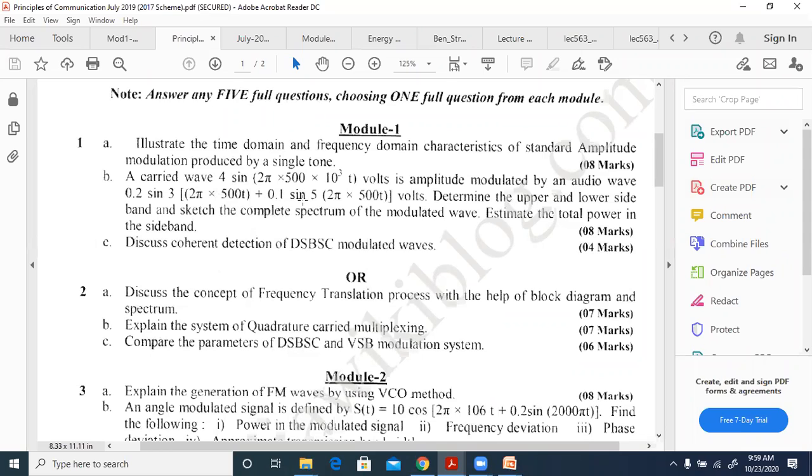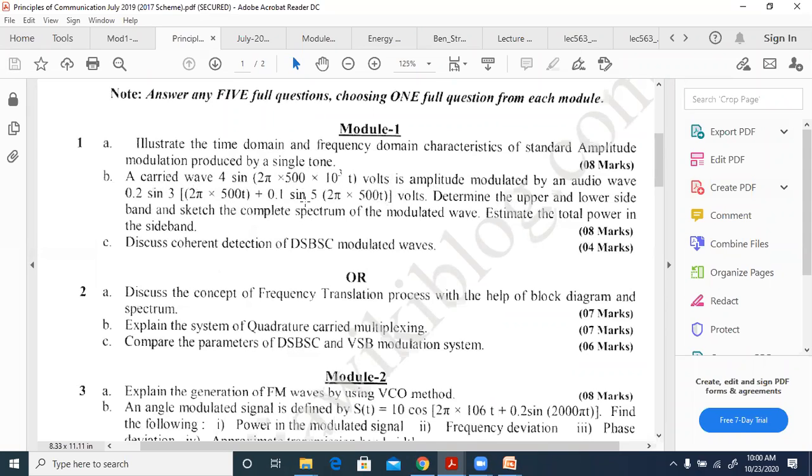This is AM2, with 5 × 500 being FM2. So this bracket should not have come here. There's no meaning in putting this square bracket over here like this. It is a wrong way of representing. It cannot be like this. Okay, so estimate the total power in the side band.